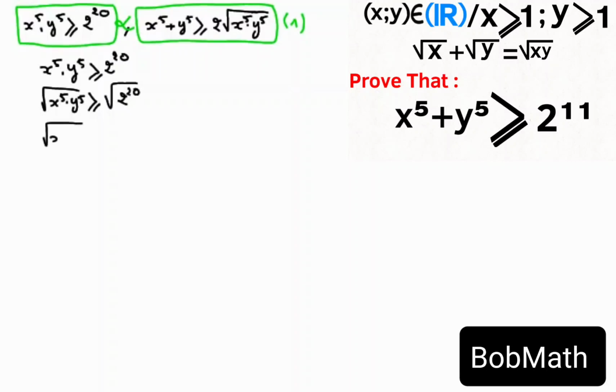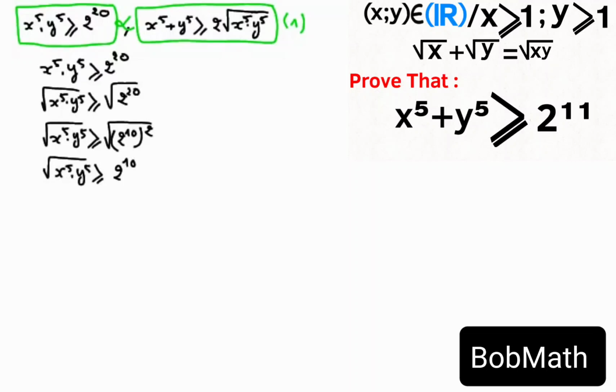Therefore, square root of x power 5 y power 5 is greater than or equal to square root of 2 power 10 all squared, and therefore square root of x power 5 y power 5 is greater than or equal to 2 power 10.